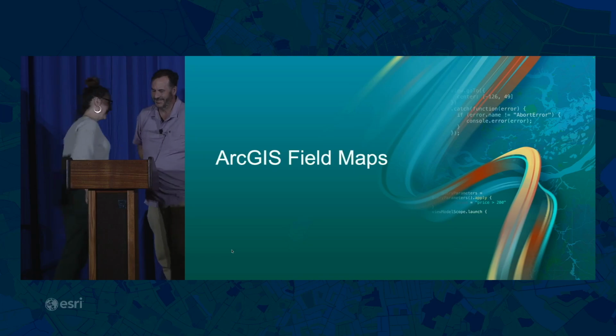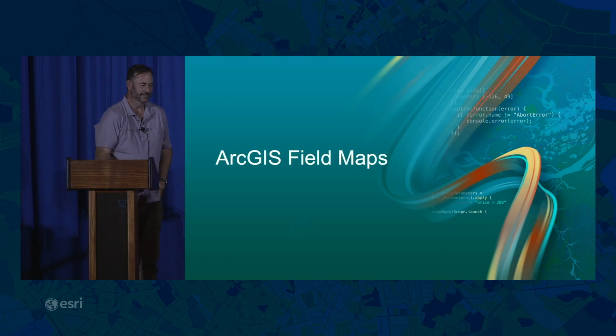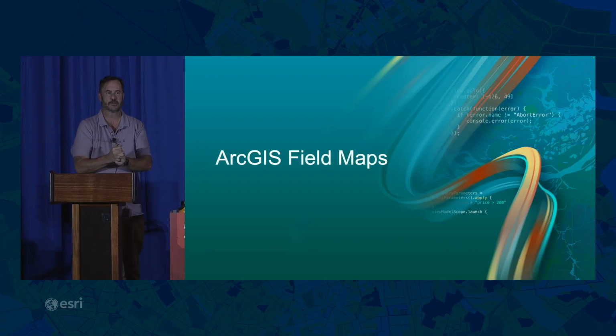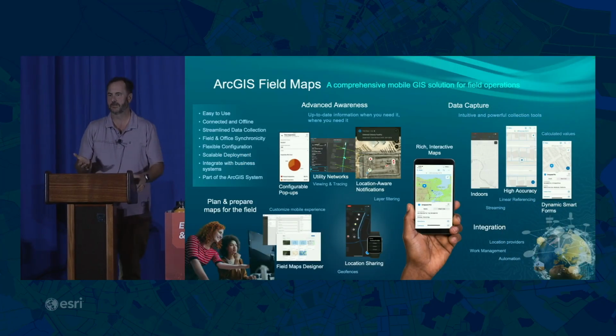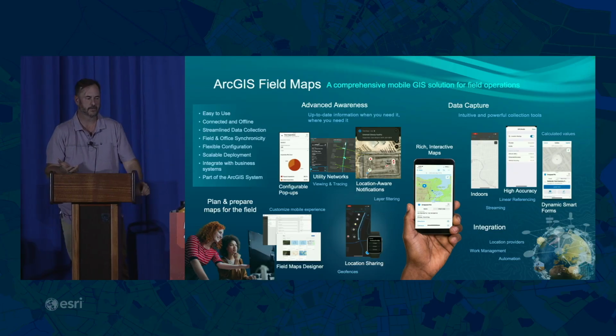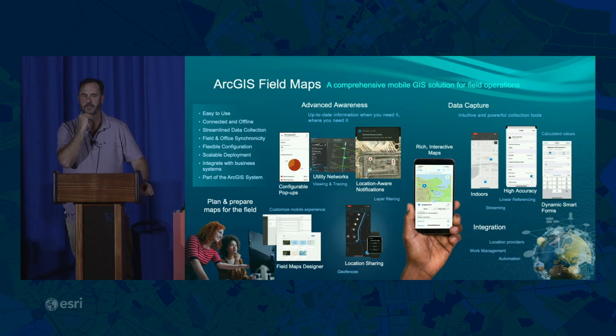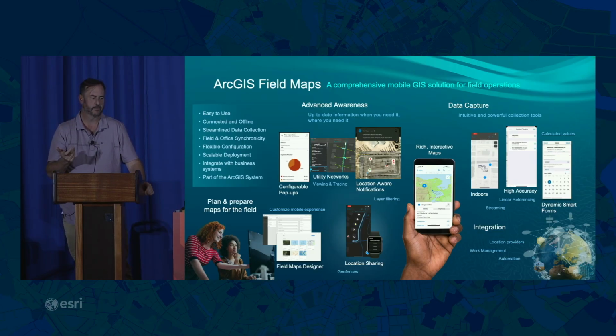There you go. Thank you, Sarah. Thanks for the intro. So I'm going to focus on what's new with ArcGIS Field Maps for the next 15 minutes or so. But let's start by introducing the product. If you haven't used it before, Field Maps is our latest mobile application. We released its first version in November of 2020, so in the middle of COVID.